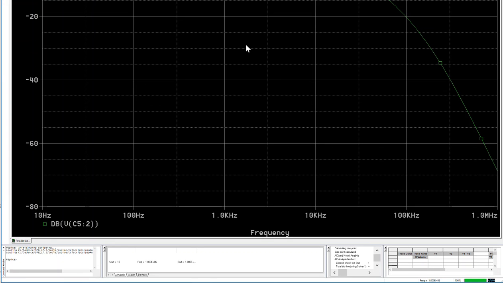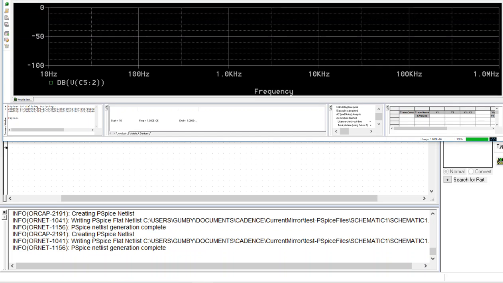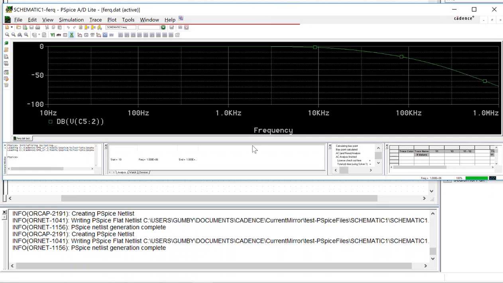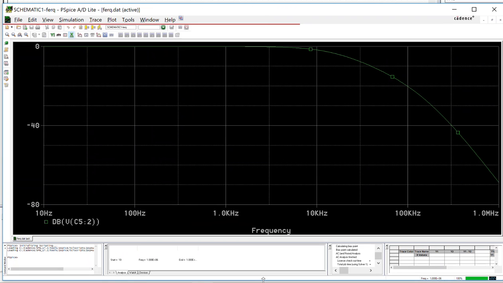And it somewhat resized. Why didn't it completely resize here? Let me see if I can just do this here. There we go. So here we can see, yes, it's a low pass filter. We got everything good here.